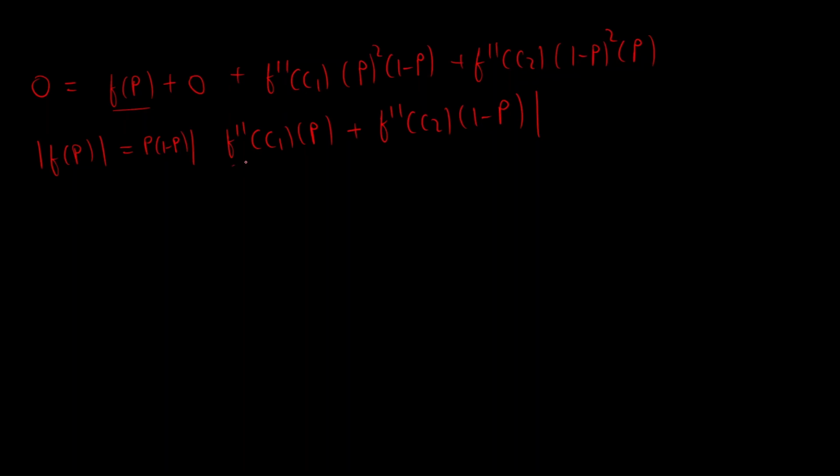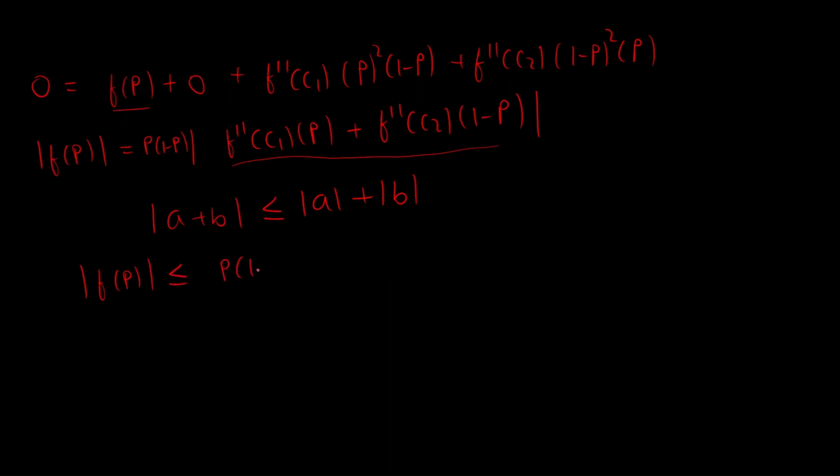Now here on these terms I can apply triangle inequality, which is mod a plus b is less than or equal to mod a plus mod b. I'll get mod f of p is less than or equal to p times 1 minus p into mod f double dash of c1 times p plus 1 minus p into mod f double dash of c2.